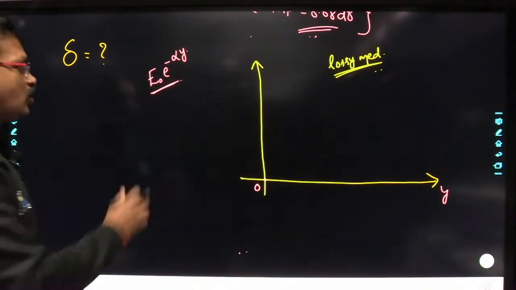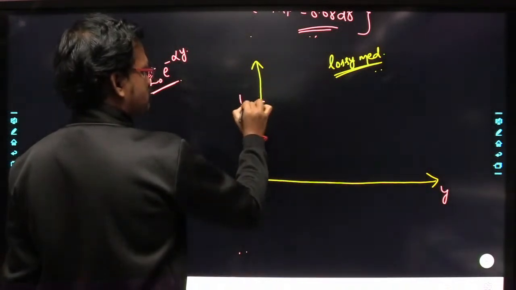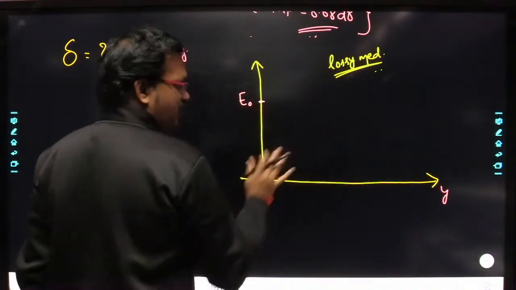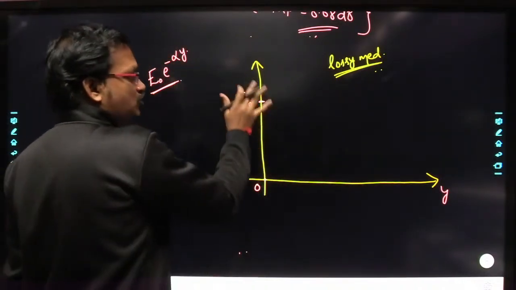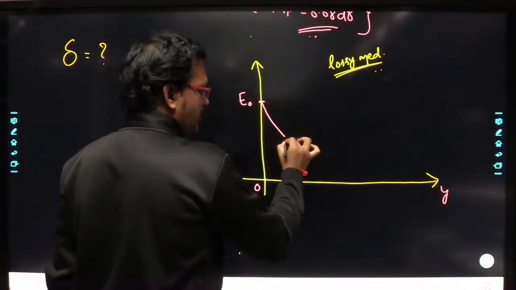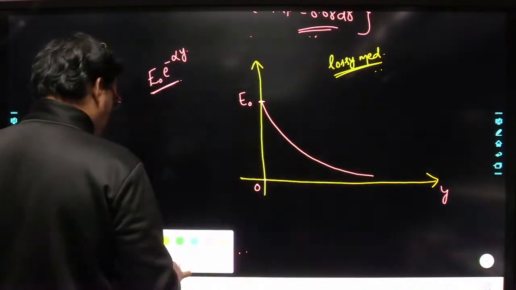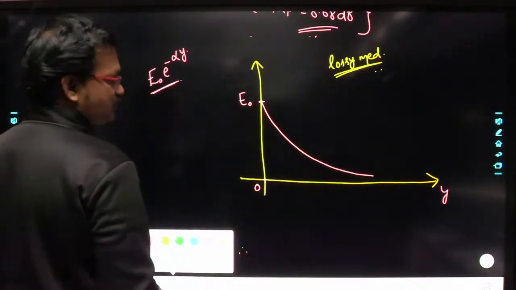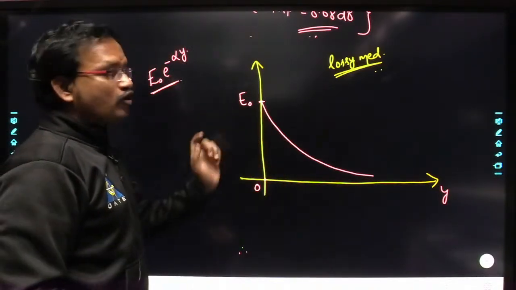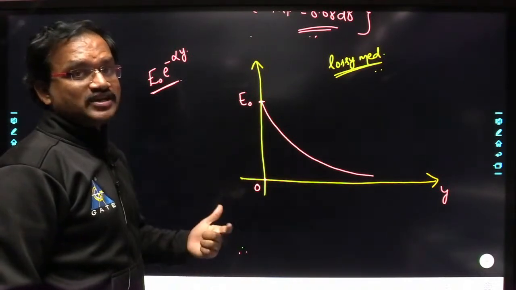Right. Okay. So at y equal to 0, it is going to have its peak amplitude, that is nothing but E naught. So now as the EM wave propagates into this medium, what will happen? Its amplitude is going to decay exponentially, like this. Right. Okay. So what do you mean by skin depth here? Skin depth means the depth to which an EM wave can penetrate into a medium before its amplitude decays to 1 by e times of its initial amplitude.